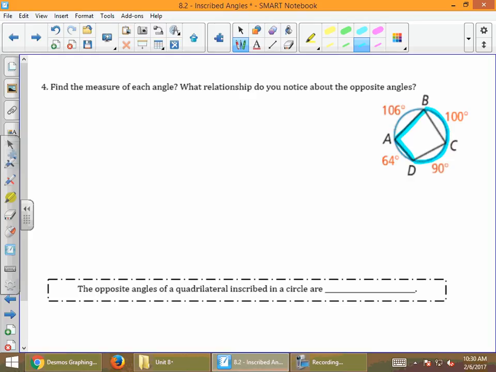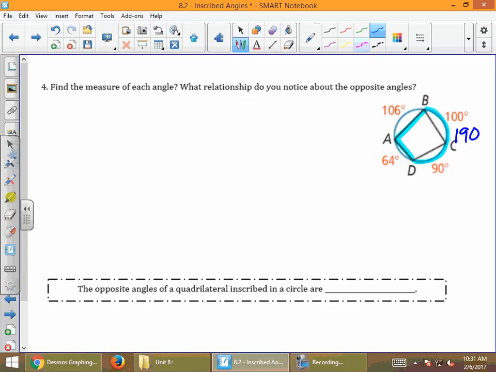Here's part of the arc, and it says part of that arc's 100. Here's the other part, and it says it's 90. So what can we do with those to figure out the measure of the whole thing? Add them. So 100 plus 90 is what?